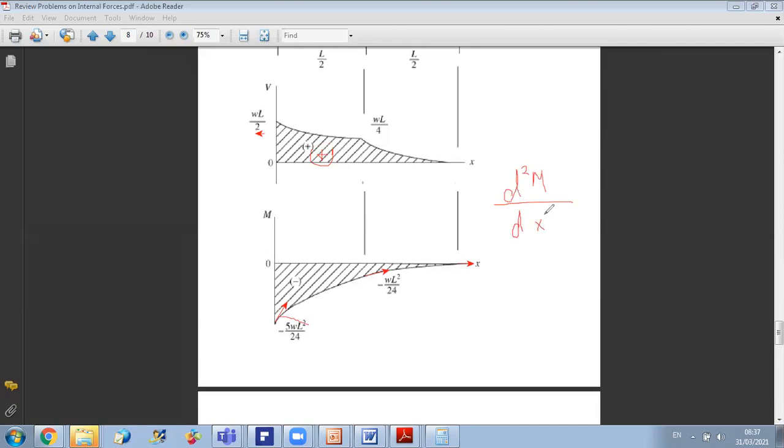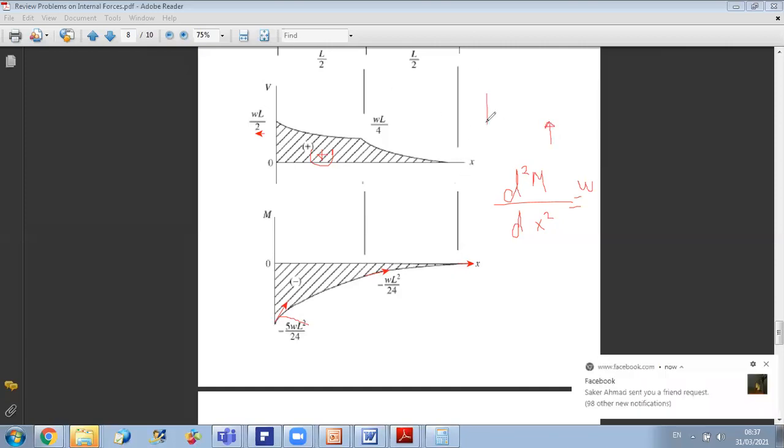And since w is negative everywhere on my beam, in the course material we put second derivative equal to w, considering that w is positive up. Okay? But here you have that w is downward. So here the second derivative is minus w.